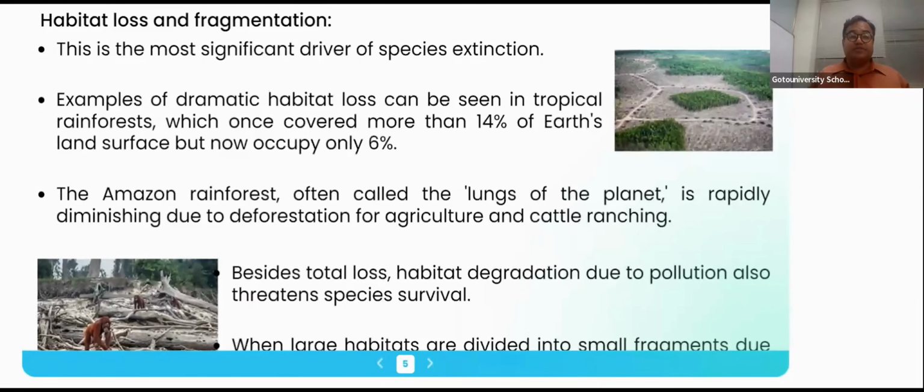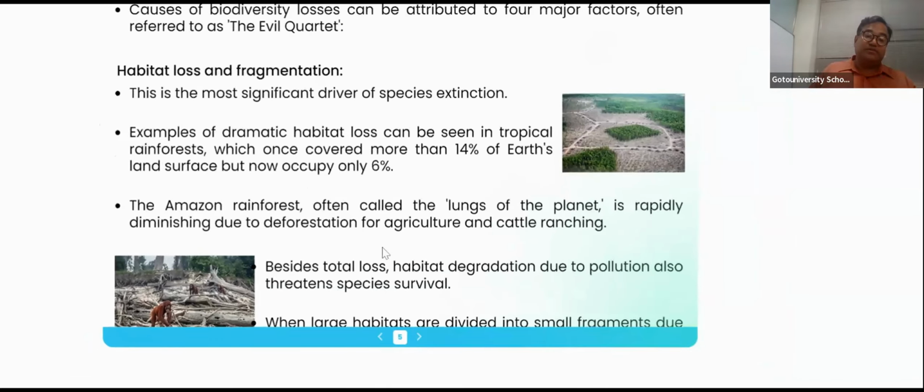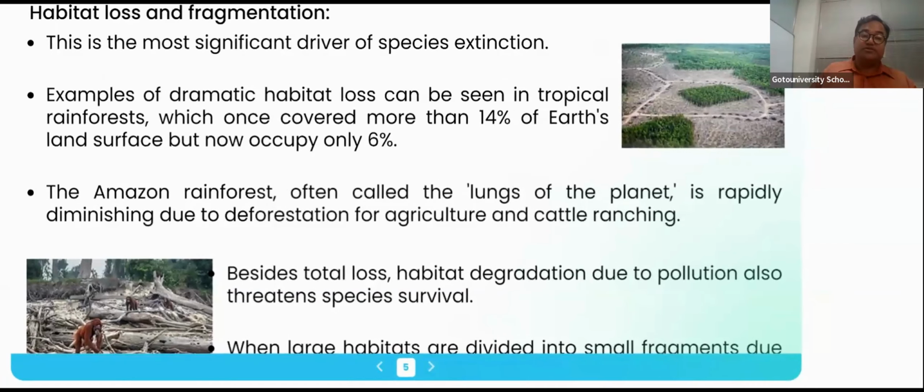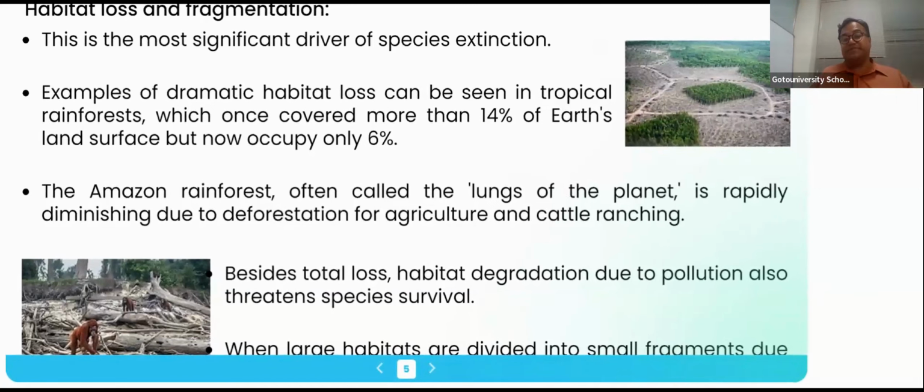The 14 percent of the Earth land surface now occupies only 6%. Why? Because the land is occupied by the water medium much more, right? The Amazon rainforest, called the lungs of the planet, is rapidly diminishing due to deforestation for agriculture and cattle ranching.